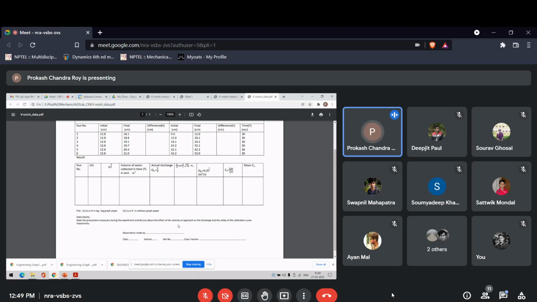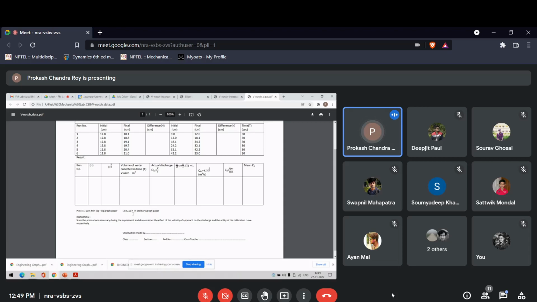So utility of the calibration curve is to get the accurate measurement, and to see if there is a variation of CD with the H. Basically, you will measure the H. So if there is a variation of CD with the height, you will get the different value of CD at the different height.